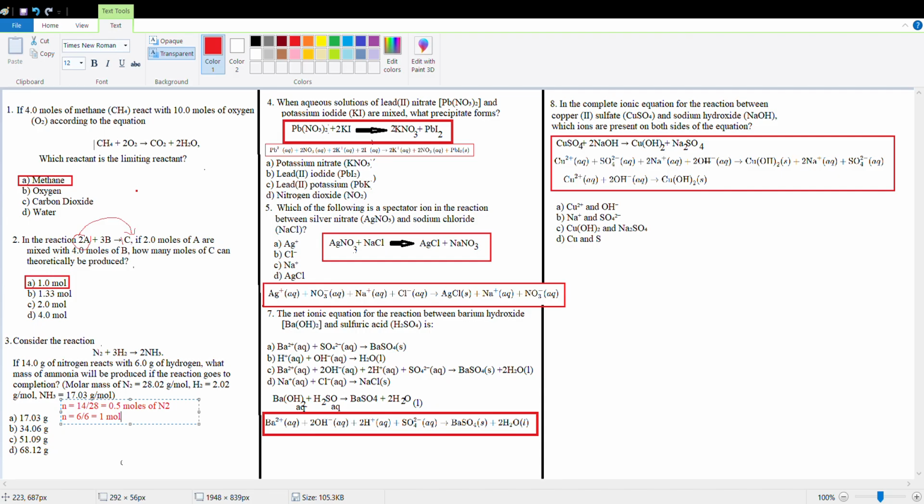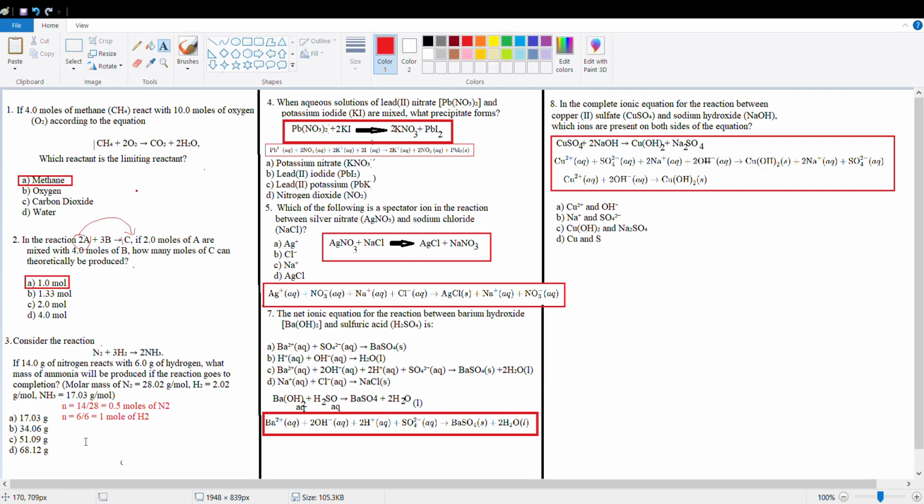of hydrogen. And that means we understand clearly this is basically the excess reactant, and the 0.5 moles of nitrogen is the limiting reactant, so I will use this nitrogen to find the mass of ammonia.